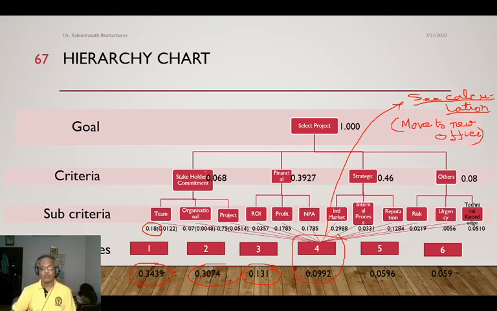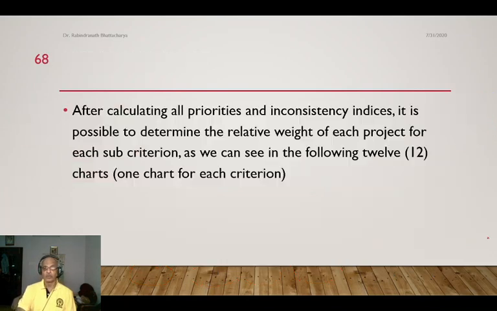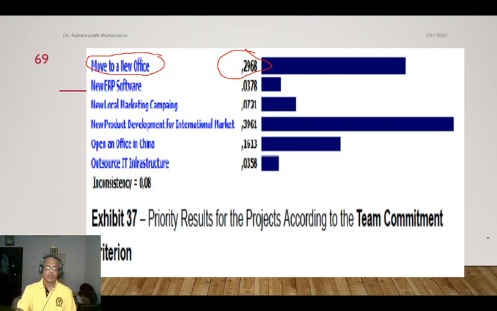That means for each one, for team, organization, project, you will get certain weightage and then multiply these three weightages, this, and this. You will get the final number 0.0992. And this is the final number for the alternatives.